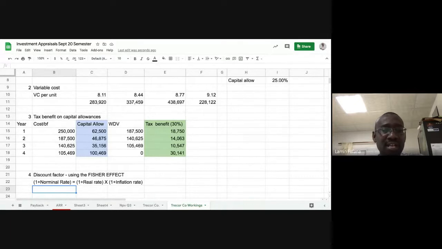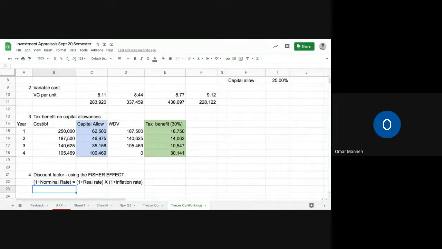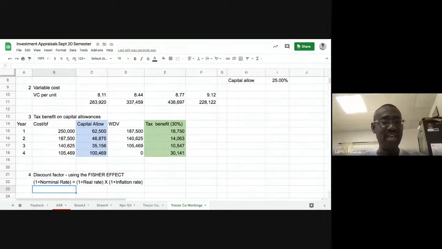Real rate has been given and inflation rate has been given. So how can we get the nominal rate here? We have to work that mathematically. You have to multiply the two: 1 plus real rate times 1 plus inflation. So we know that 1 plus nominal rate is not given.